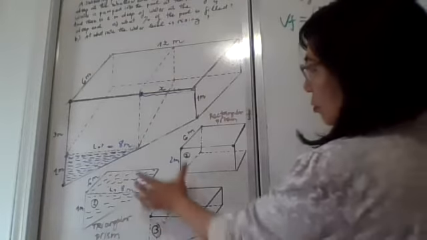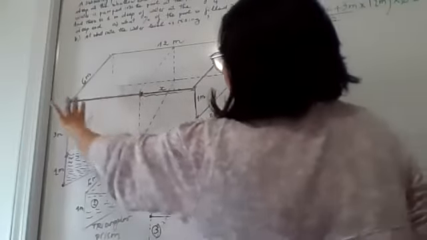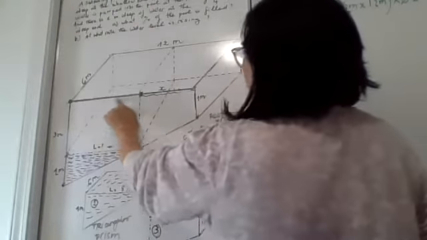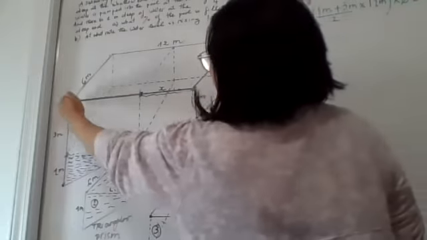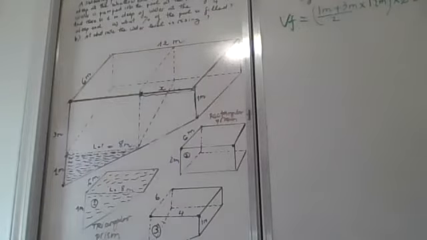So 1 plus 3 divided by 2, times 12, times 6 will equal 144 meters cubed, the full volume of the trapezoidal prism.